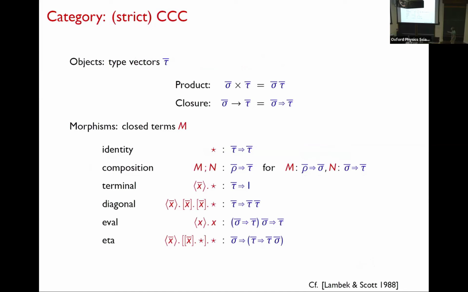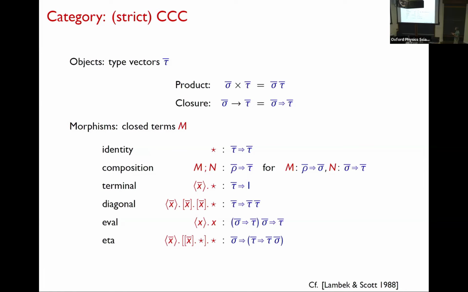And with that meaning, and with the right axioms, you get a strict Cartesian closed category where the objects are type vectors, product is concatenation, the arrow is closure, and the skip is the identity, composition is composition. We have a terminal and a diagonal.